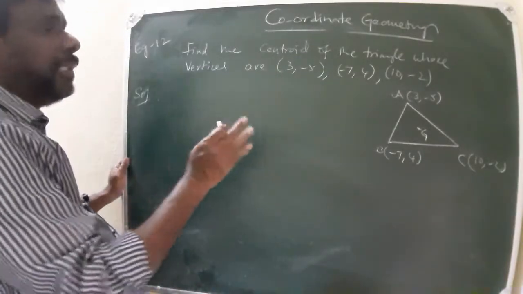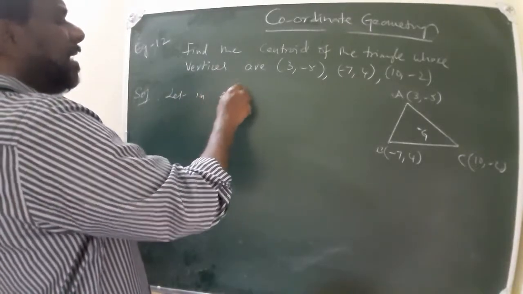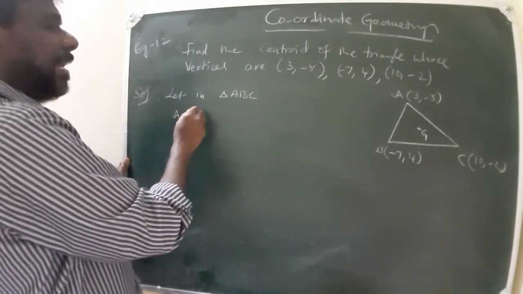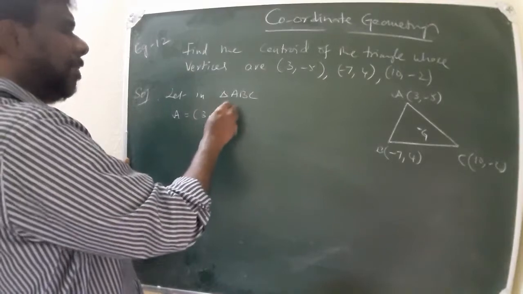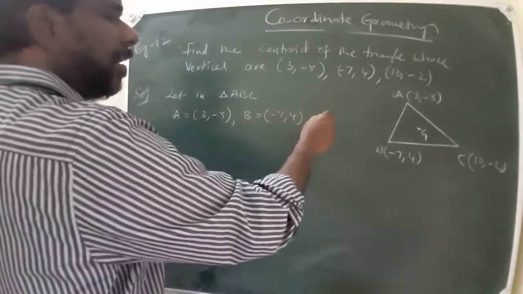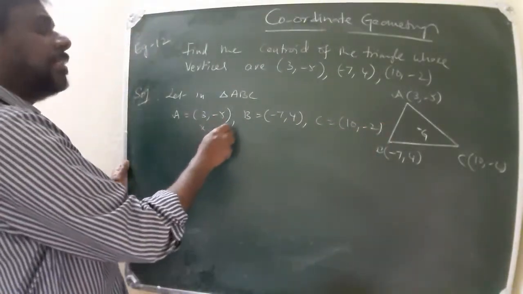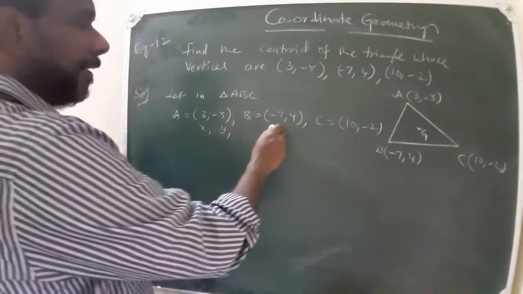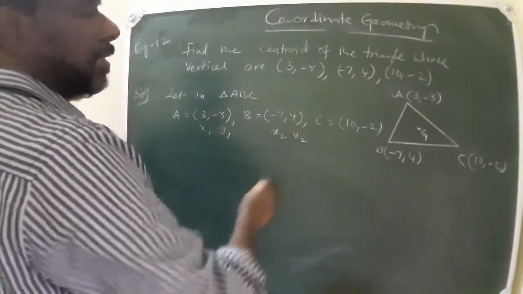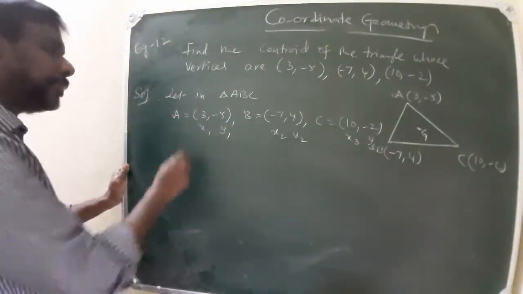Before that, first you have to write: let in triangle ABC, A = (3, -5), B = (-7, 4), C = (10, -2). The first point is taken as x1, y1, second one x2, y2, third one x3, y3.